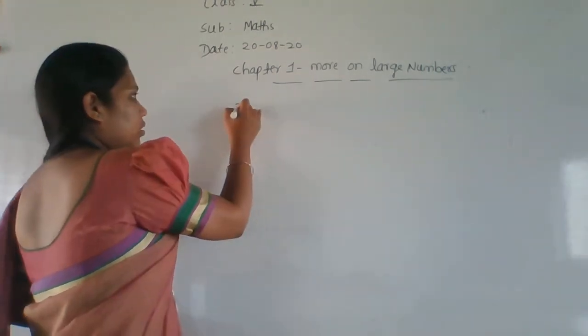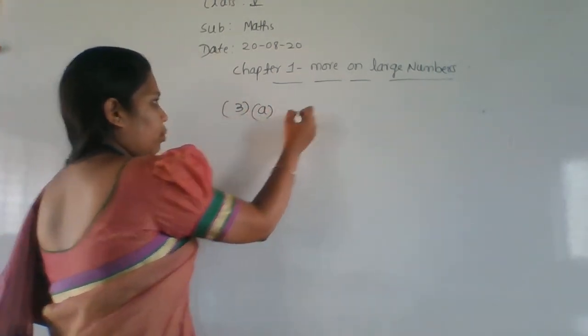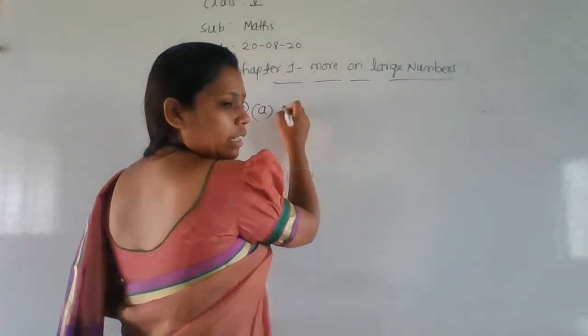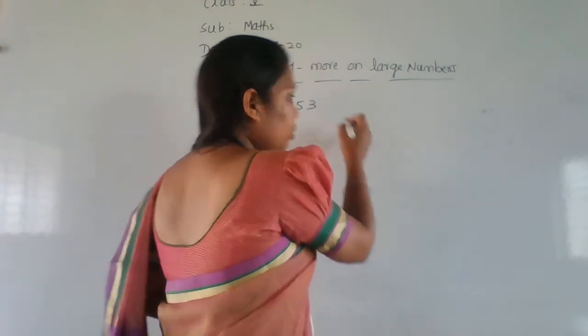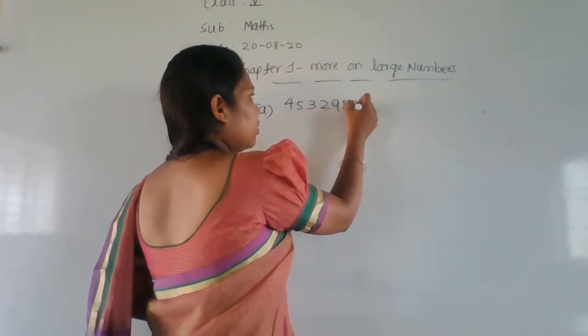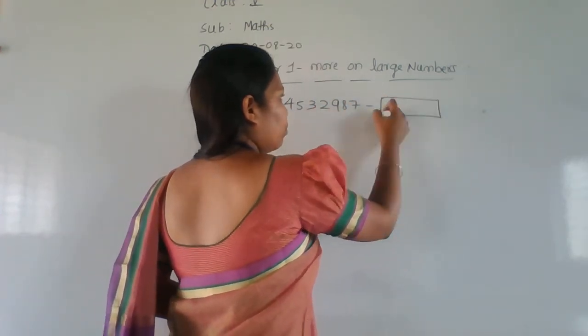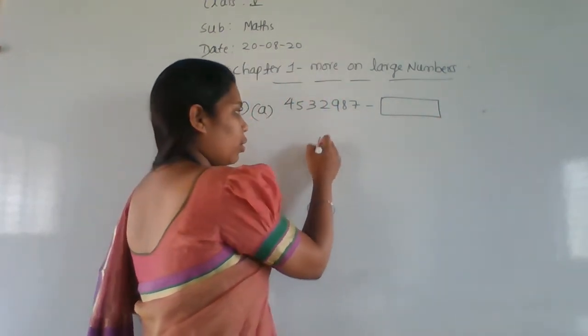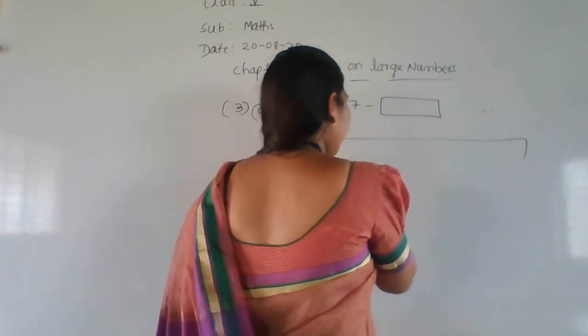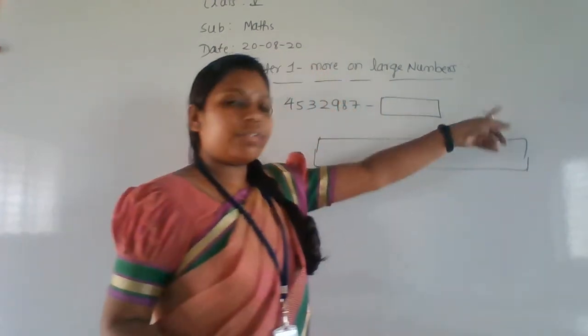In the third main, 8th one I do. Okay, so 8th one they given a 4, 5, 3, 2, 9, 8, 7. Okay, here one box is there and here one more box is there. I just draw below that. Okay, but you have to draw here in front of this box only.